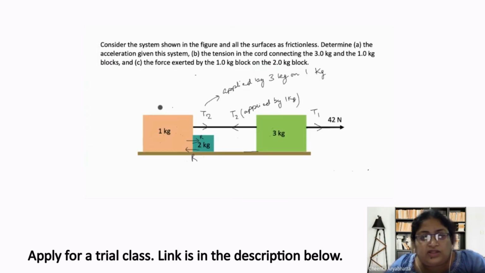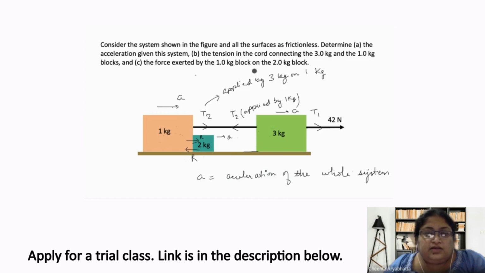All these blocks are moving with acceleration a, because they are tied together. If this 3 kg is moving with acceleration a, this block will also move with acceleration a. Similarly, 2 kg will also move with acceleration a.